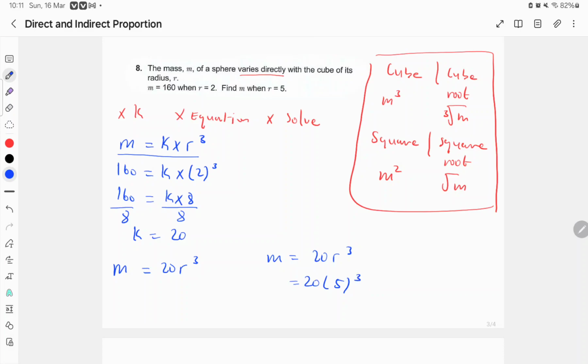Then you can work out your answer by pressing the calculator: 20 bracket 5 power 3. Then you have 2500. Okay, that is now the mass. That means the mass is 2500. And then you are done.